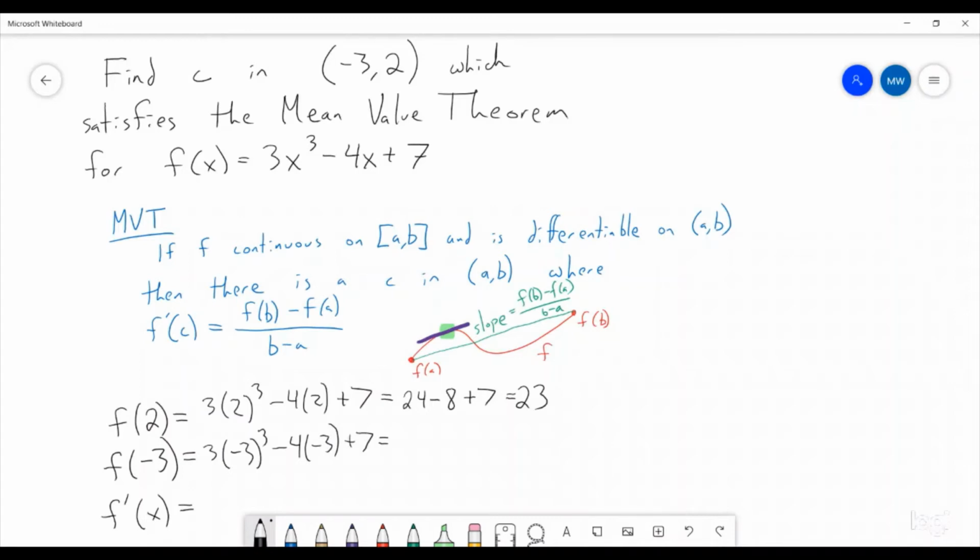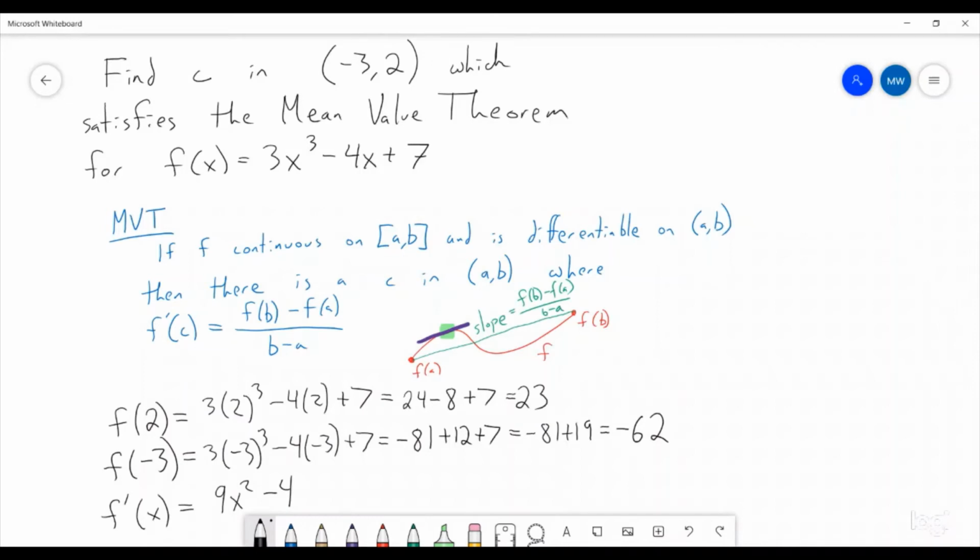So that is 3 times negative 27, which is negative 81, plus 12 plus 7. So that's negative 81 plus 19. 81 minus 19 is 62, so that's a negative 62.